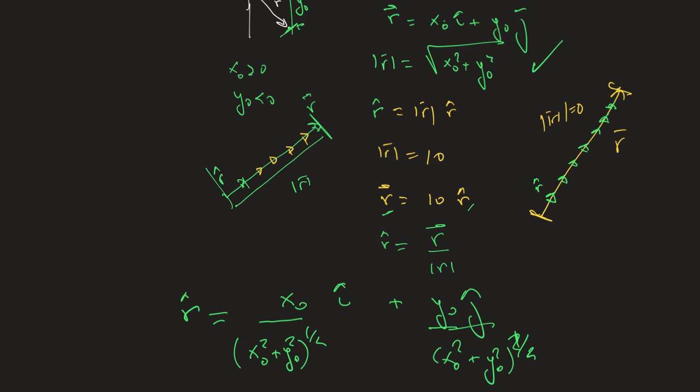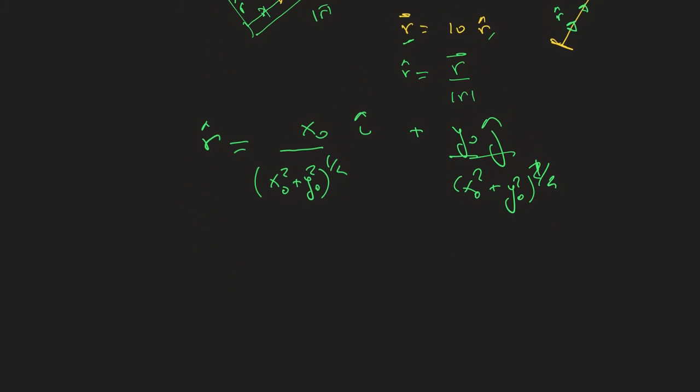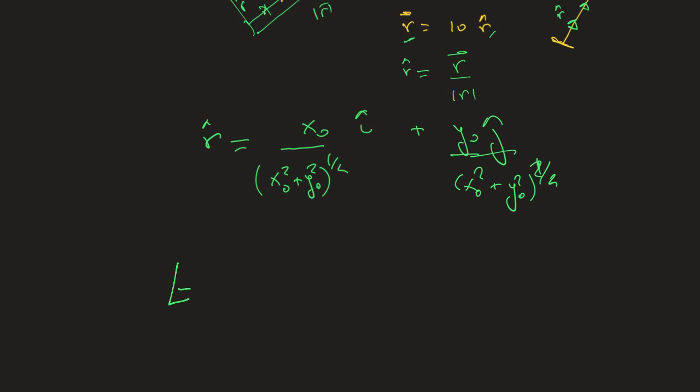So once I have the vector r, I need to find the vector E, the electrical field. How will I find the electrical field? Well, the electrical field is equal to K, Q, whatever the sign is. If it's Q minus 5, I will put minus 5. Divided by the magnitude of r squared, which I already found.